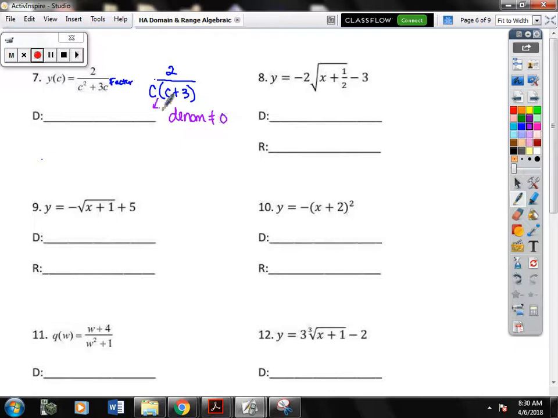Now you have to tell me each of these cannot be 0. So you're going to get 2 restrictions on your domain. C cannot equal 0, and C cannot equal negative 3. Because C plus 3 cannot equal 0, we'd subtract 3 on both sides. So it would be all real numbers except C cannot equal, and you can actually put 0, comma, negative 3. You don't have to put the do not equals twice if you want to shortcut it. We have 2 restrictions or 2 holes in your graph.